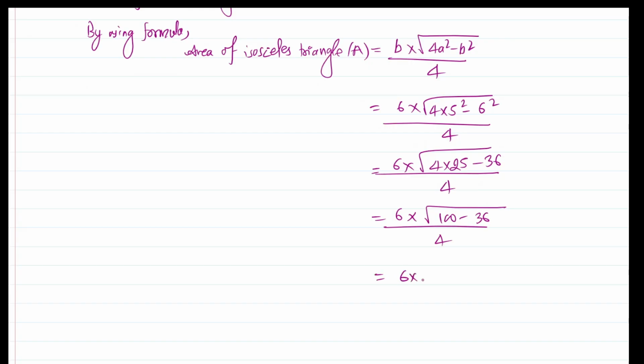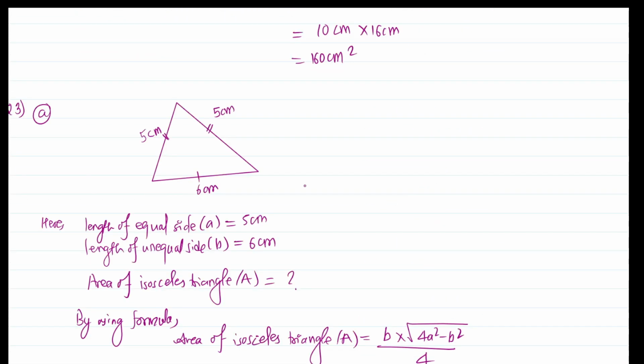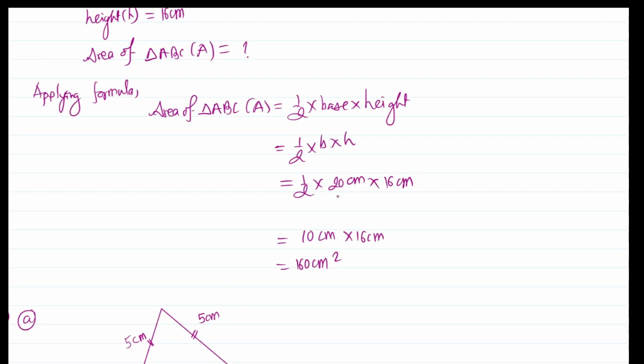That is equal to 6 times under root 64 whole divided by 4. 6 times under root of 64 is 8, divided by 4. 2 eights are 8 and 6 times 2 is 12. That's why our area will be 12 centimeter square. So area of this isosceles triangle will be 12 centimeter square.